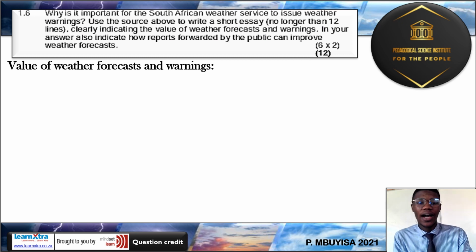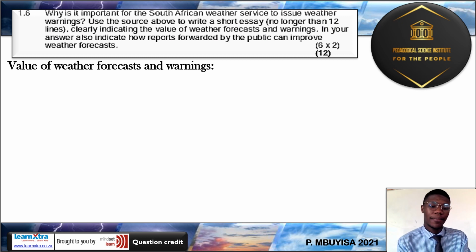In your answer, also indicate how reports forwarded by the public can improve weather forecasting. So now they will usually say a paragraph of no longer than 8 lines, right? So it's no longer 12 lines. This is an extract from a question that was done in Mindset Learn Extra years ago.